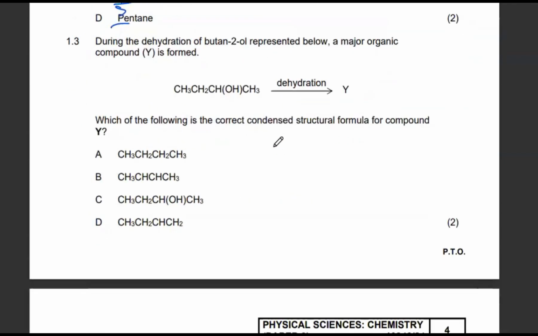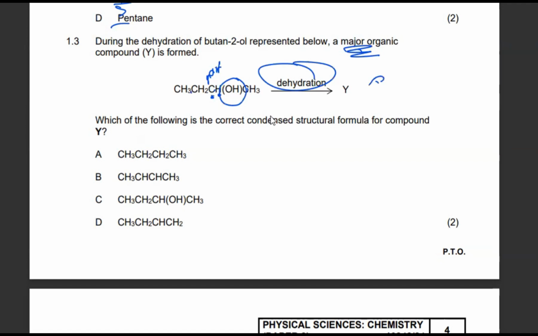During dehydration, butan-2-ol is represented below. So if you look at that, they're talking about the major product. Remember, you can have the major product and you can have the minor product. But if you look at this, here you have fewer hydrogens, and once dehydration occurs, since you have 1, 2, 3, 4, then automatically it must be symmetrical.